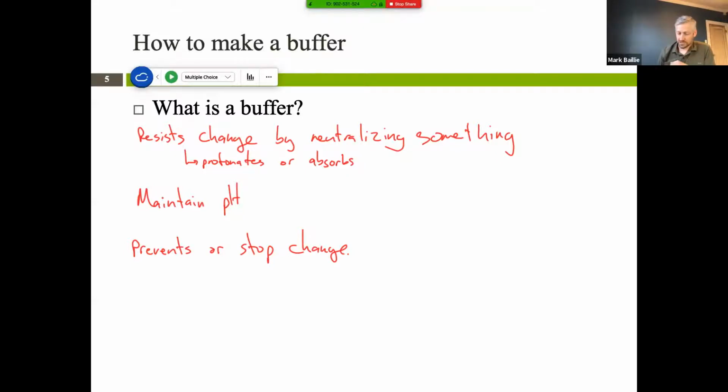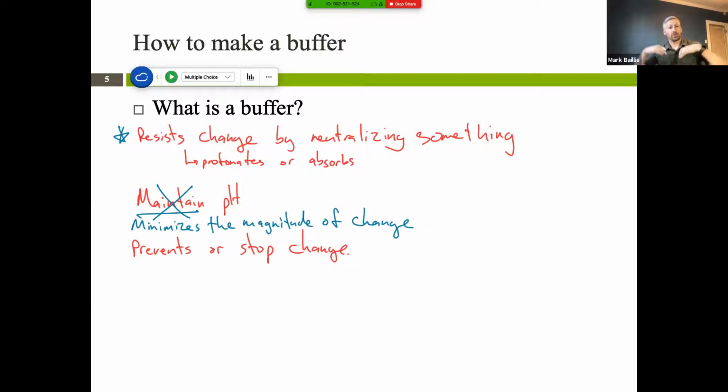And so in chemistry, this idea we've been talking about with resisting change, it's not that it maintains the pH. I would actually change that terminology and say it minimizes the magnitude of change.